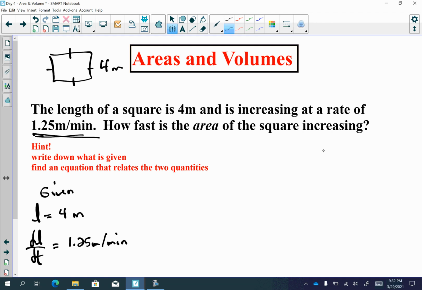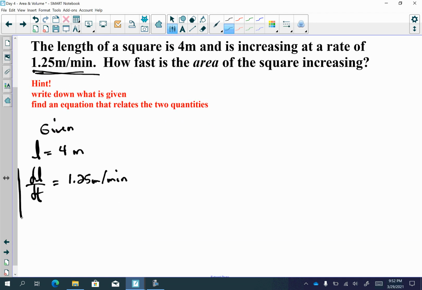And how fast is the area of the square increasing? Now, does it ask for the area? Does it say what is the area of this square? No, it doesn't ask for the area. It asks for the rate at which the area is increasing. That's what I'm looking for.